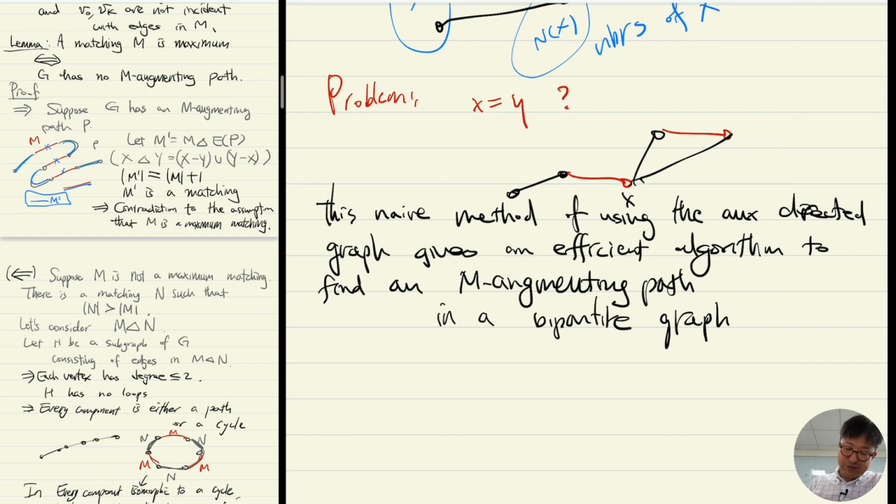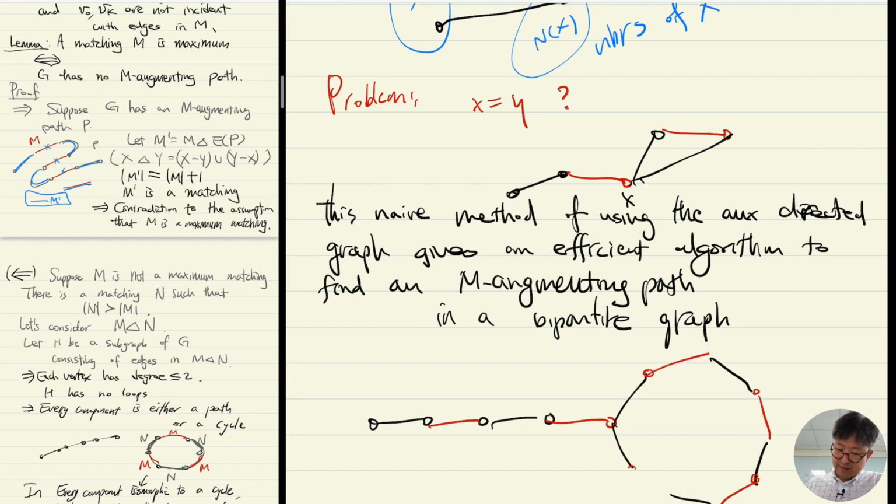So in general, it may look like this: red, black, red, then black, red, black, red, black, red, black. This could be the graph that you may have obtained from directed paths.